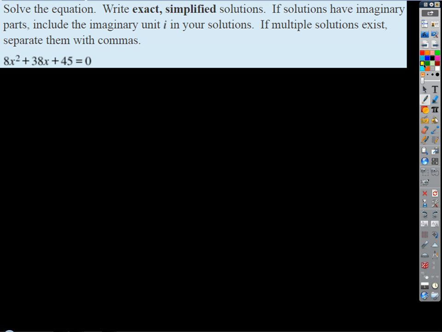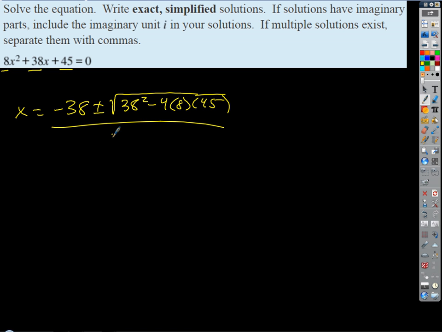So quadratic formula, right? It's a quadratic equation in standard form. So what are the values of A, B, and C? A is 8, B is 38, C is 45. Okay, y'all know the song. So x equals negative B plus or minus square root of b squared minus 4ac, divided by 2a. There you go.